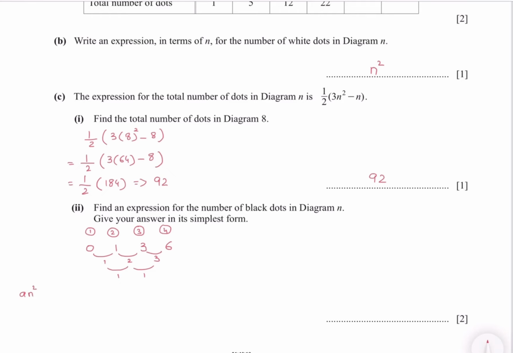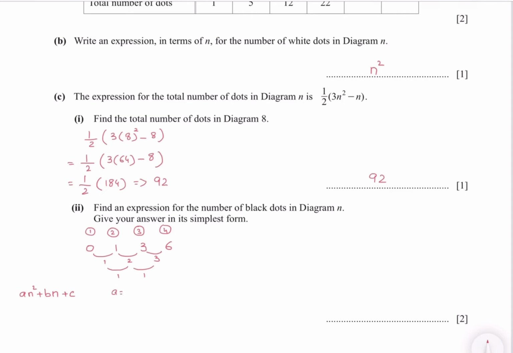So write the quadratic sequence in general form: an square plus bn plus c. So always first of all find a, then c, and then b. Never try to find b after finding a. So what is a?